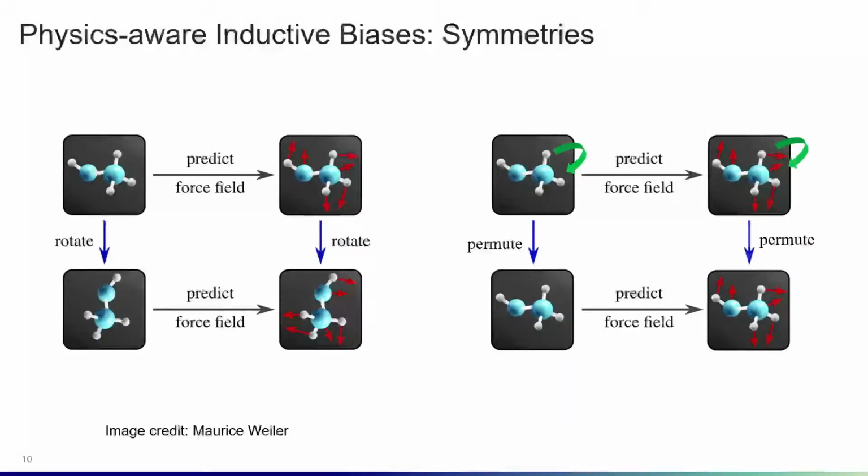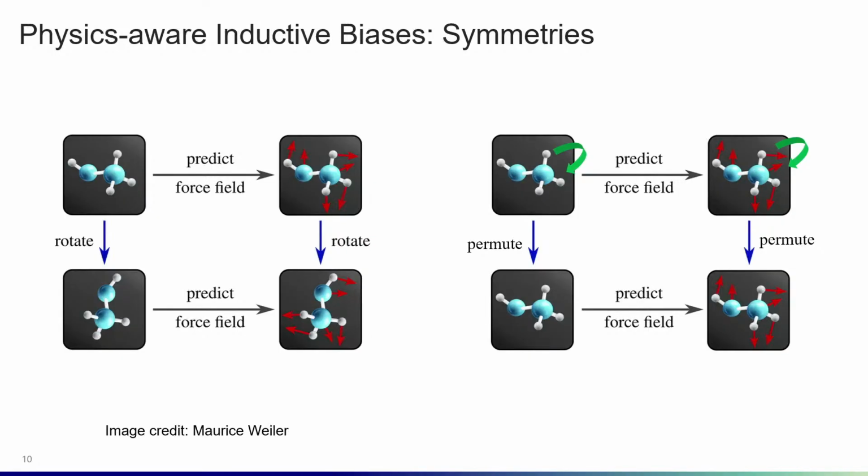And now we are coming to the connection to this workshop. If we want to predict forces, for instance, using some sort of message passing neural network, we want the prediction of these forces to be equivariant to, for instance, rotations. You can see this here. If you rotate the molecule, you also want to rotate the forces in the same way.